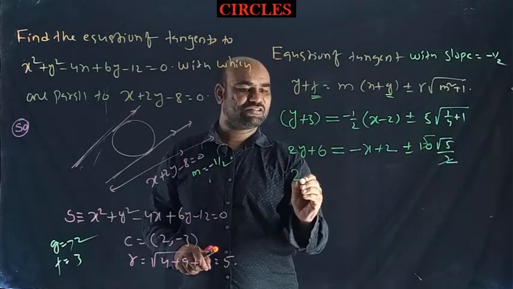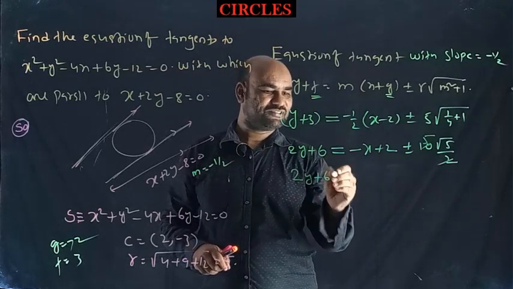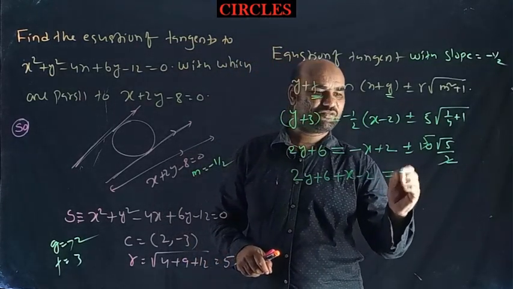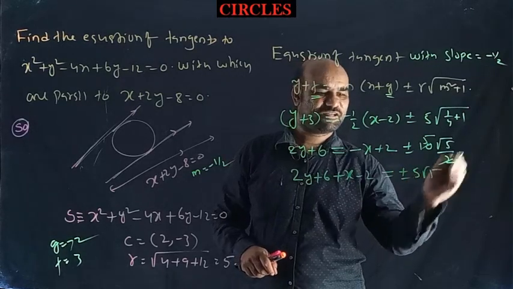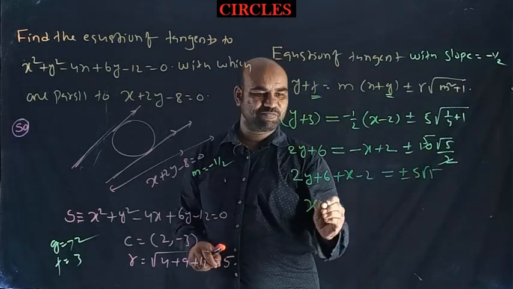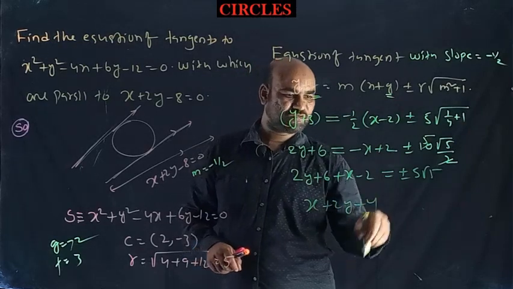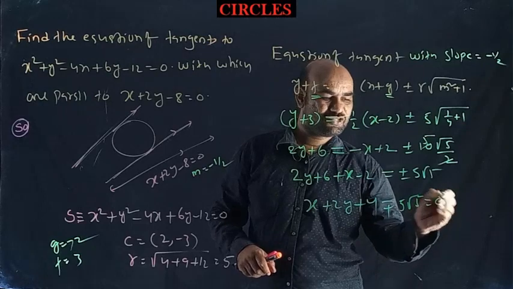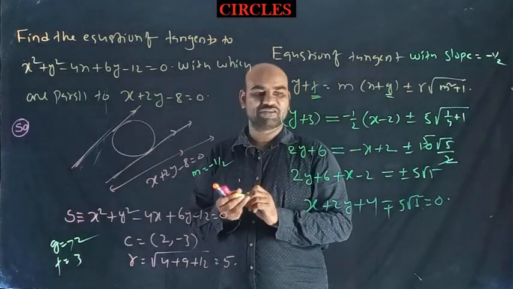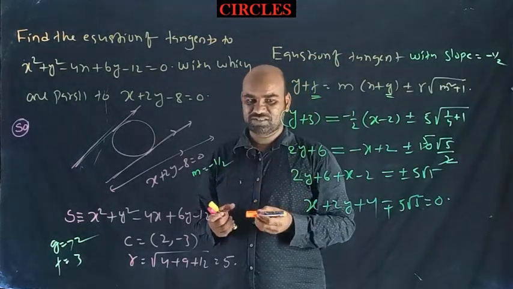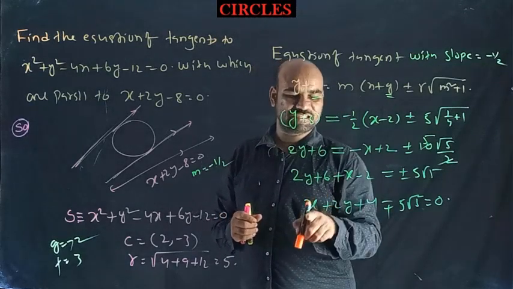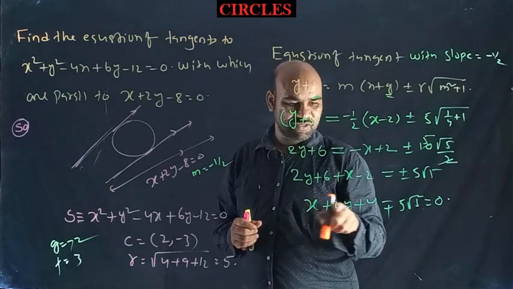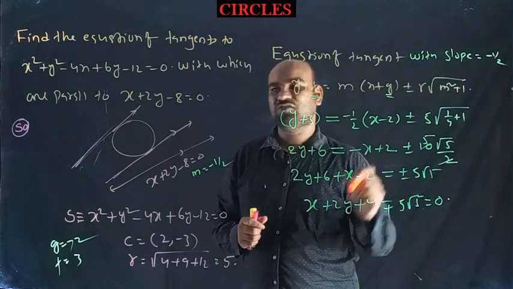Finally, what did I get? 2y plus 6 plus x minus 2 equal to plus or minus 5 root 5. Finally, x plus 2y plus 4 minus or plus 5 root 5 equal to 0 are the required equations of the tangents. So one of them is x plus 2y plus 4 minus 5 root 5 equal to 0. Another one is x plus 2y plus 4 plus 5 root 5 equal to 0.